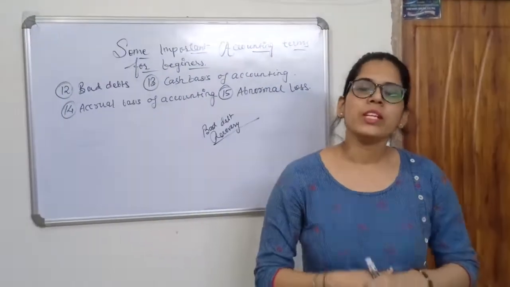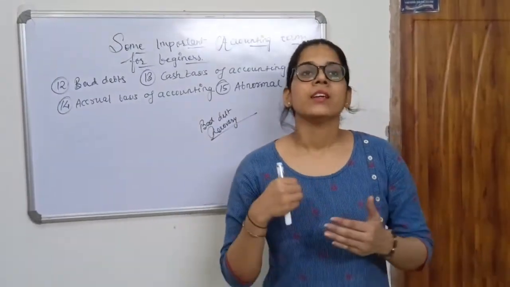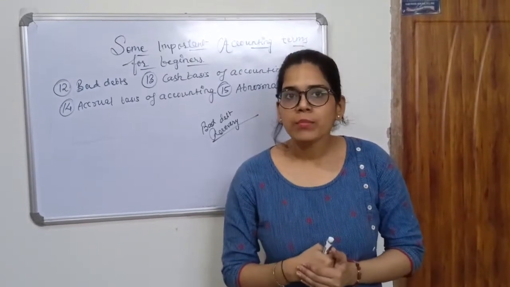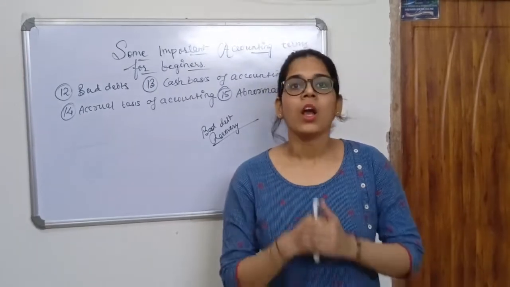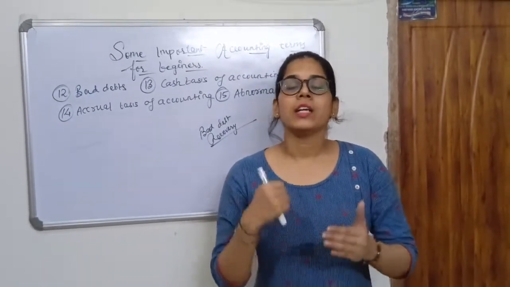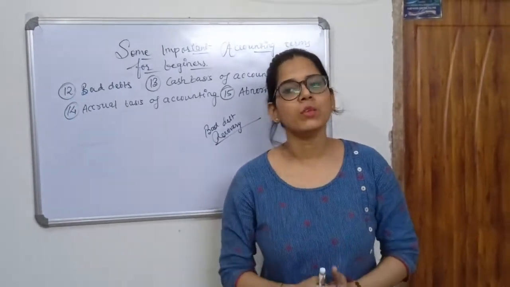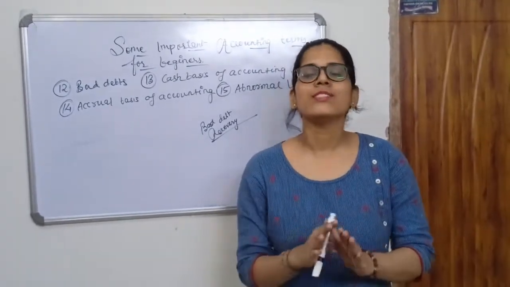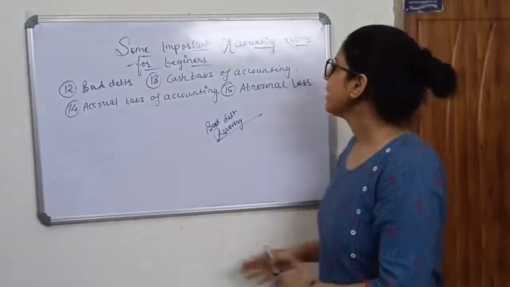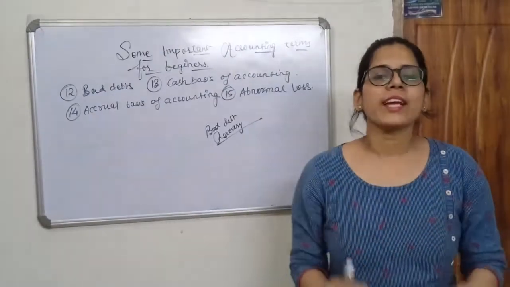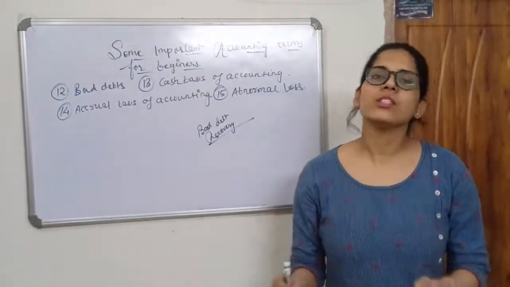Cash basis of accounting is an accounting in which we consider an income only when we are receiving the payment, or we consider an expenditure to be made only when we are actually paying the money. Now there is no concept of being paid or being received at a later date. So basically in cash basis of accounting, a transaction is only recorded when cash payment or receipt is involved.